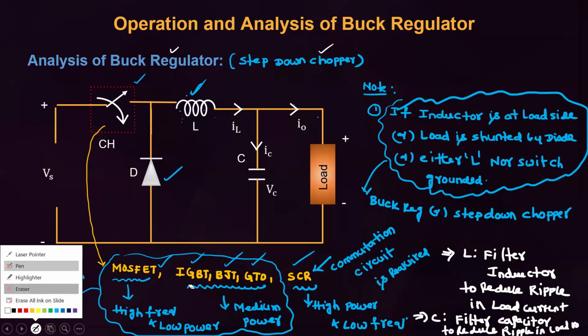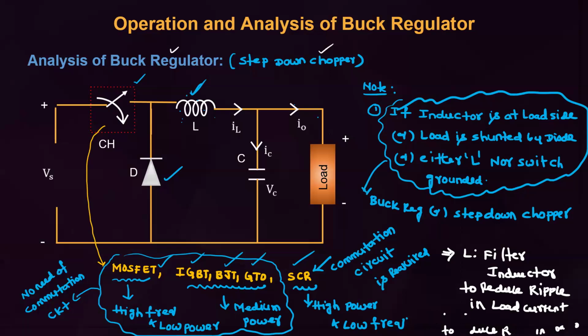Clearly, I will write: C is the filter capacitor to reduce ripple in load voltage. How to calculate C and L also I will explain.